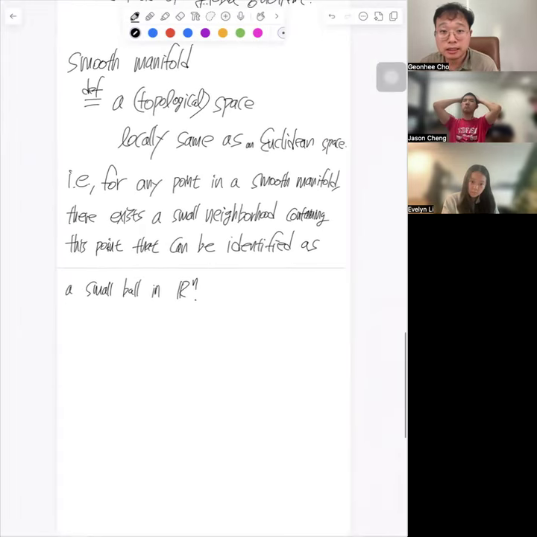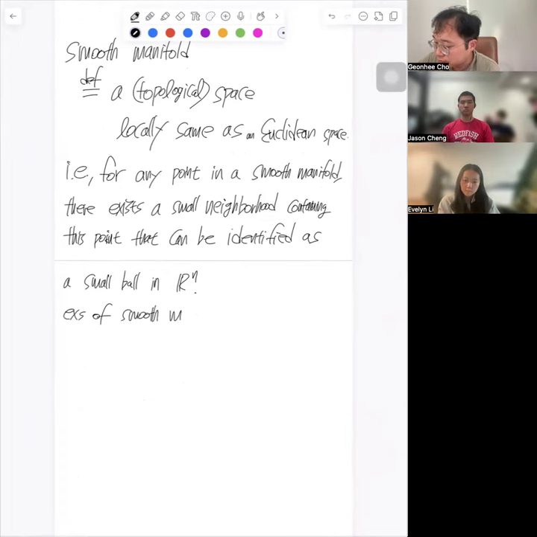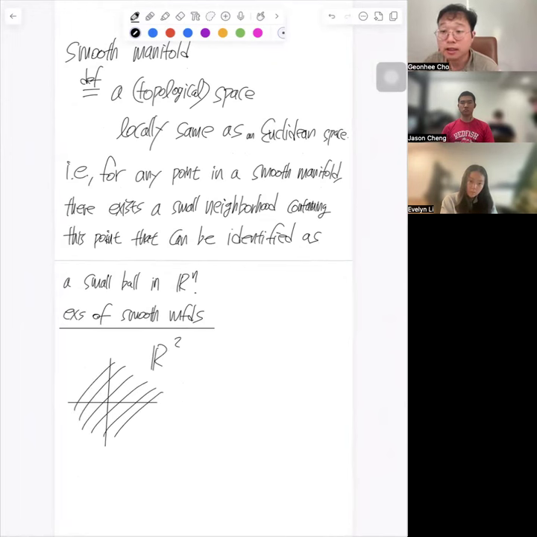Let me explain this with a picture. Let me draw three different pictures, examples of smooth manifolds. If I draw R2 first, and you choose an arbitrary point, for example the origin, it is very clear that you can identify this ball as a ball in R2.